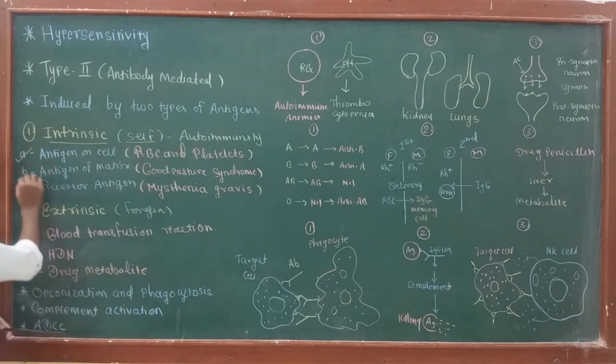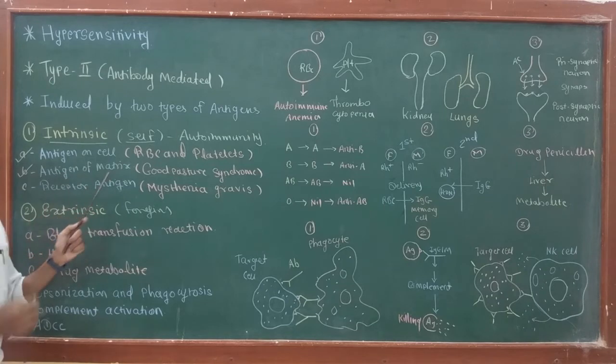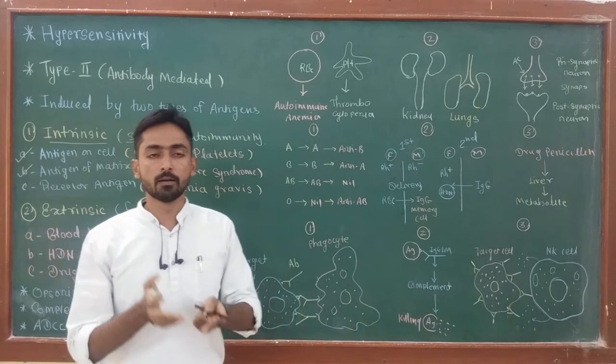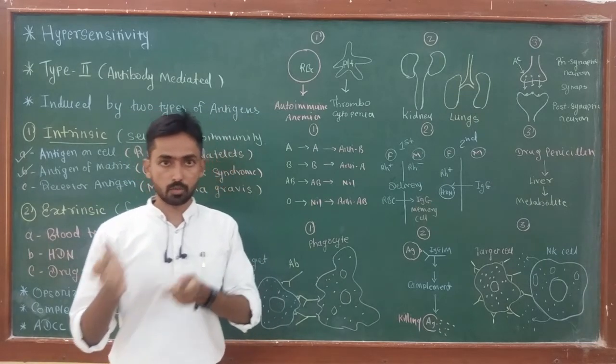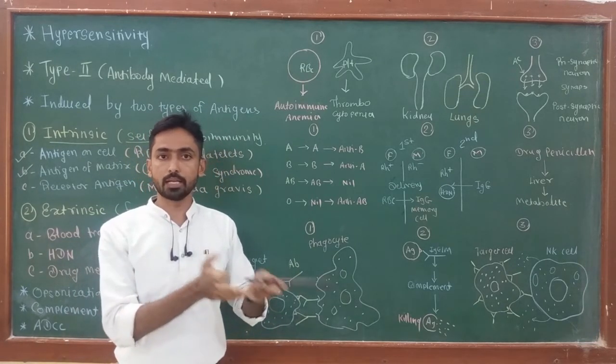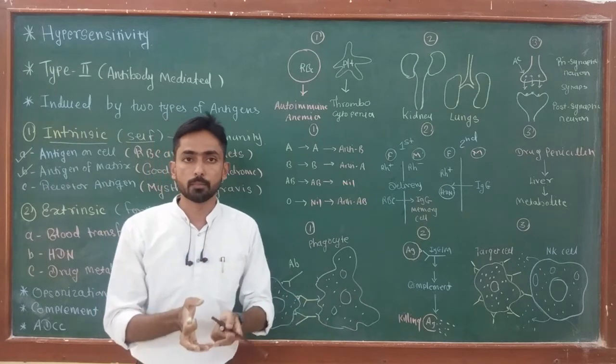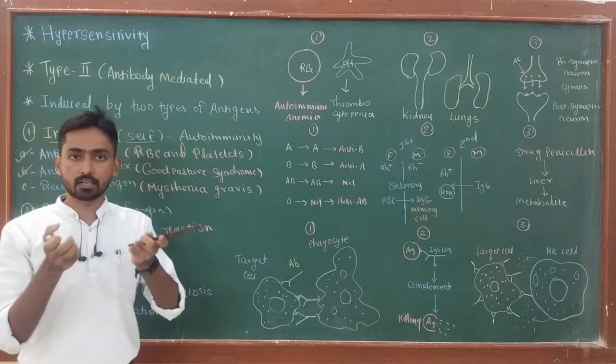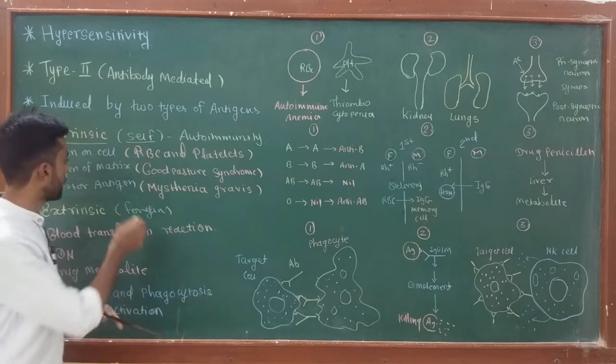Then the next example of the self antigen is antigen on the matrix. We know that the human body has four different types of tissue, like nervous tissue, muscular tissue, connective tissue and epithelial tissue, and tissues are made up of cells. Inside the tissue, the cells are joined together with the help of matrix.